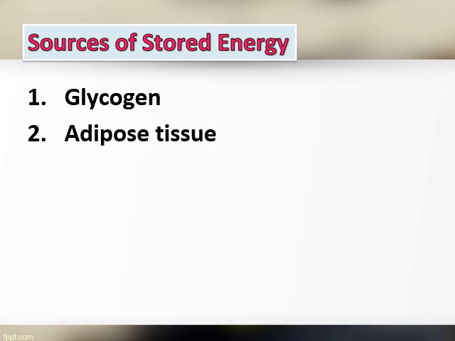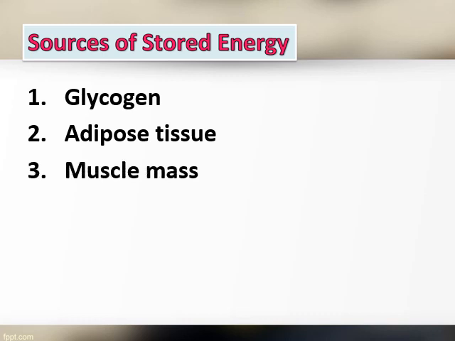The second source of stored energy in the body is adipose tissue. Although fat storage is larger than glycogen, the supply varies from person to person, and a balanced amount needs to be maintained as an added resource.